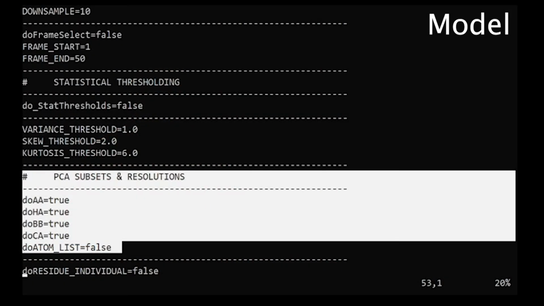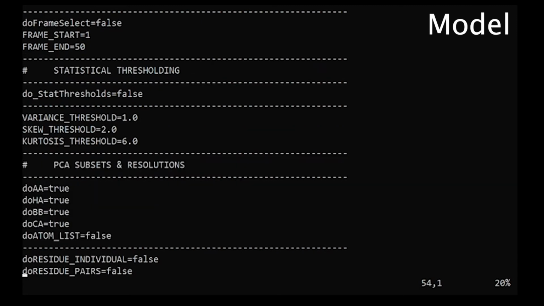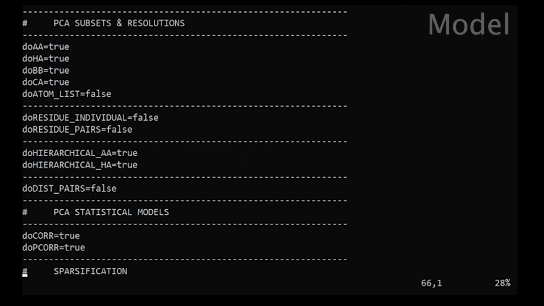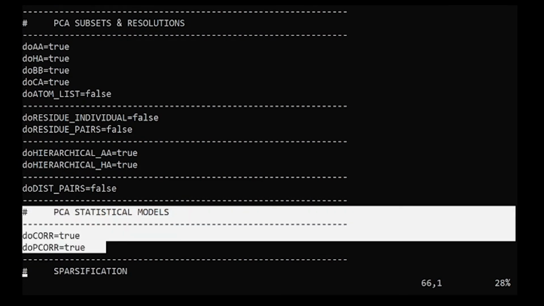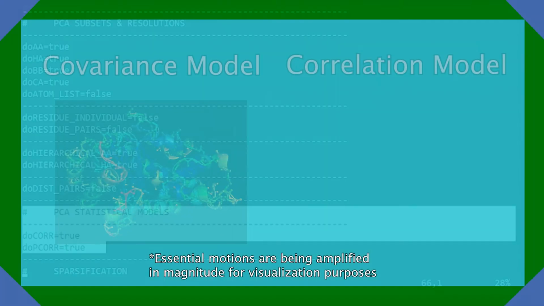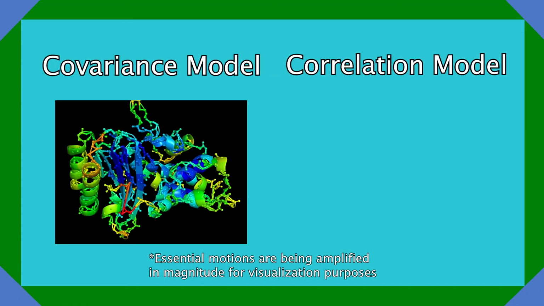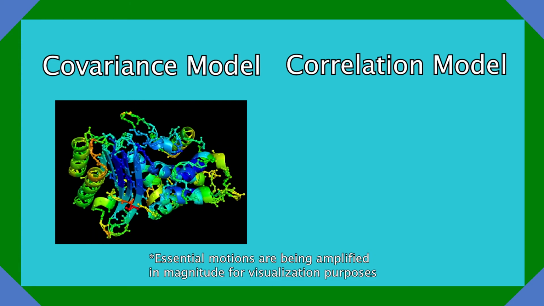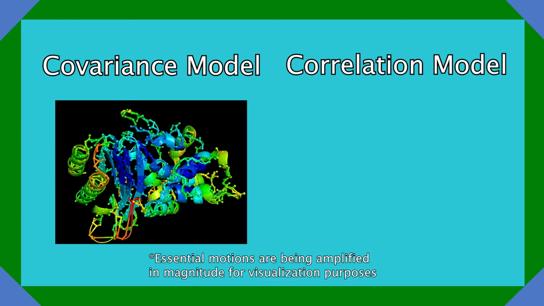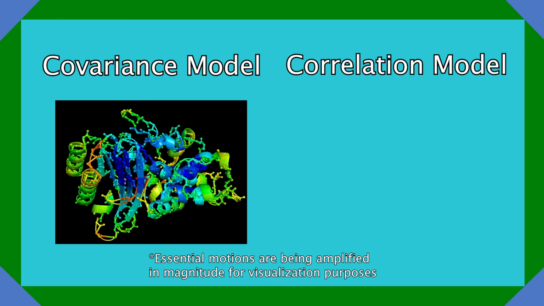So now, after deciding what to analyze, we must now decide how. In JEDi, you can construct essential dynamics from a covariance matrix, correlation matrix, or a partial correlation matrix, each identifying different types of motions. For example, covariance is the most common model because it finds the largest motions a protein undergoes, which often drive conformational change and functional activities.